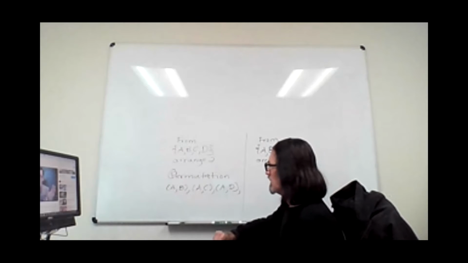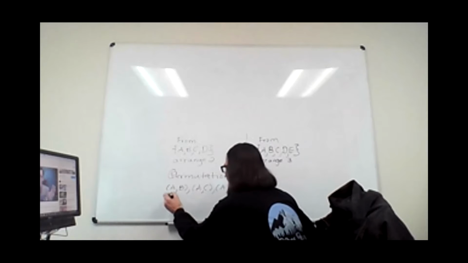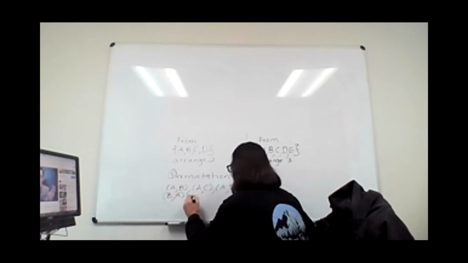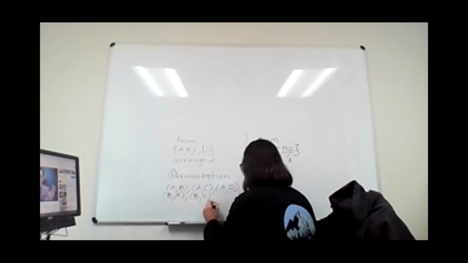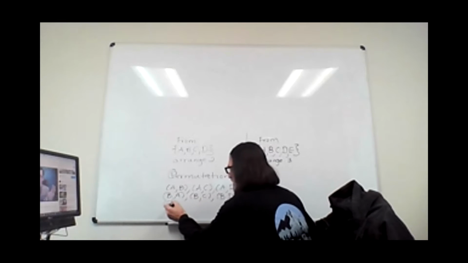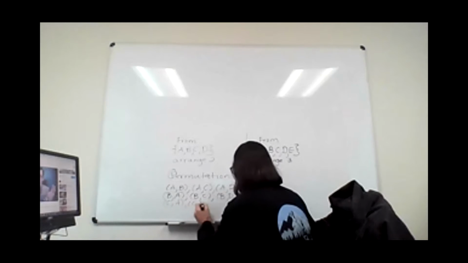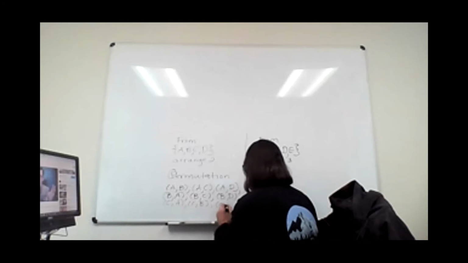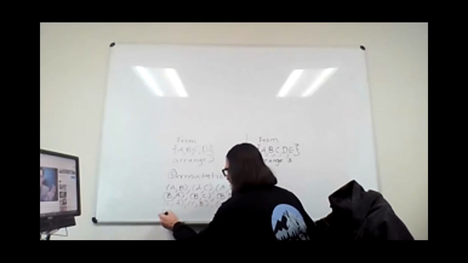And then all the ways that B could be the leader. All the ways that C could be the leader. And all the ways that D could be the leader.